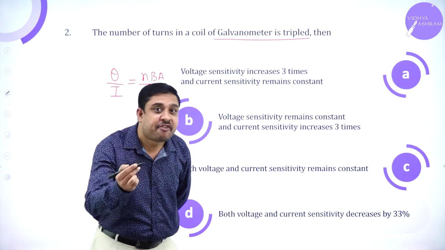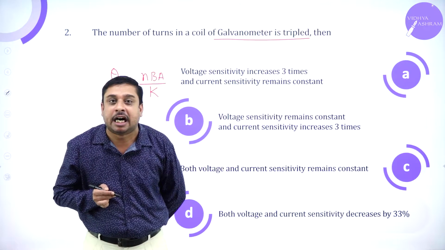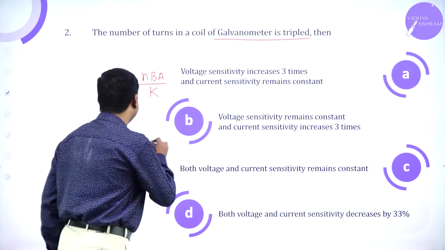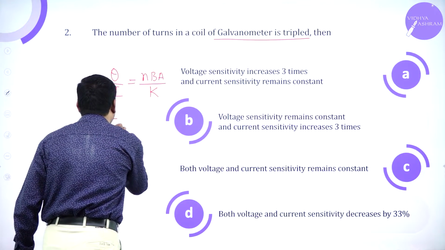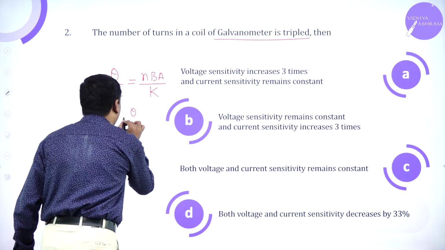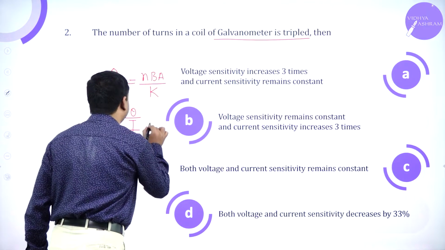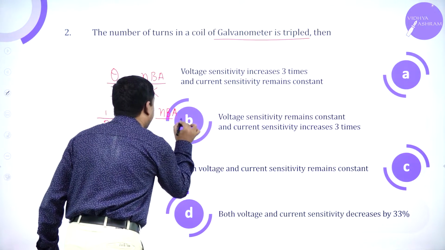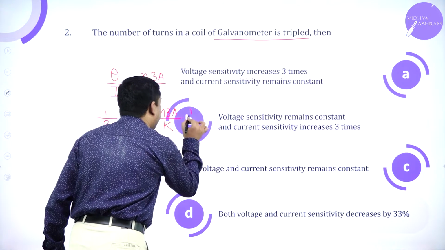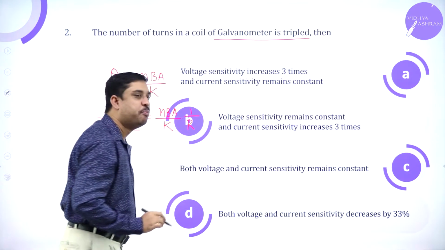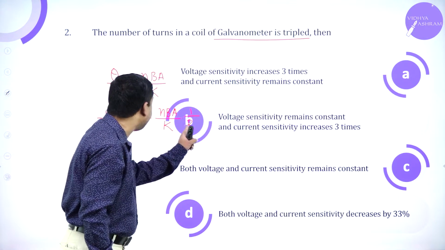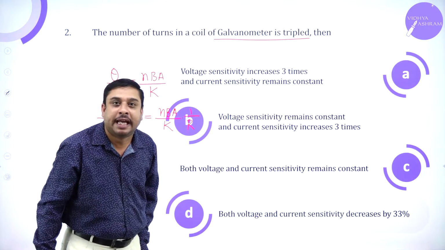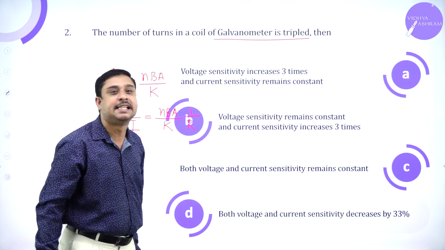Now I need to define the second term called voltage sensitivity, that is 1 by R into theta by I equals N B A divided by K into 1 by R. On either side, I am multiplying by 1 by R to get voltage sensitivity.